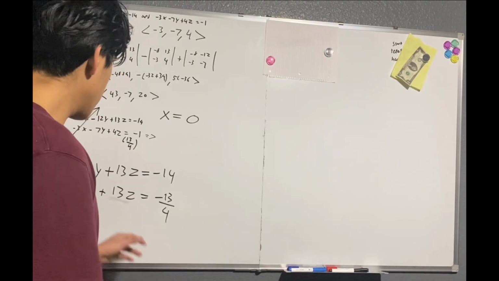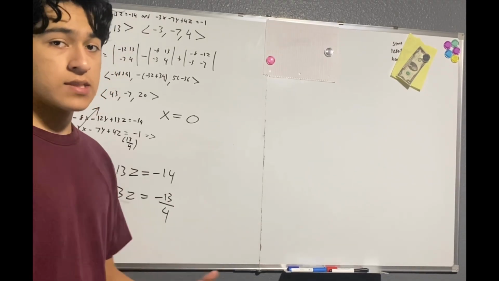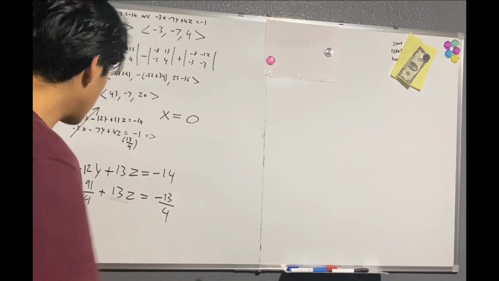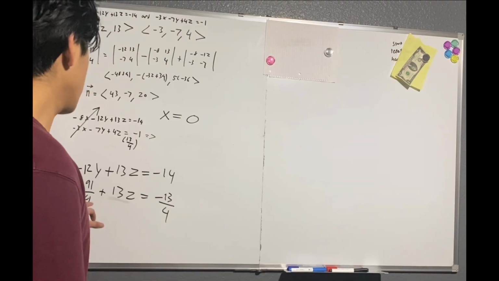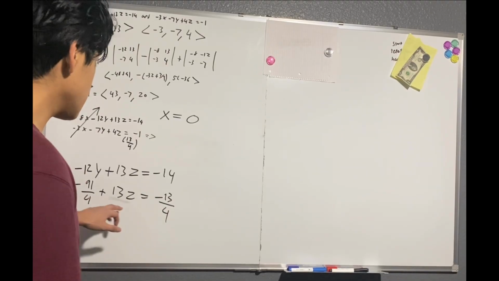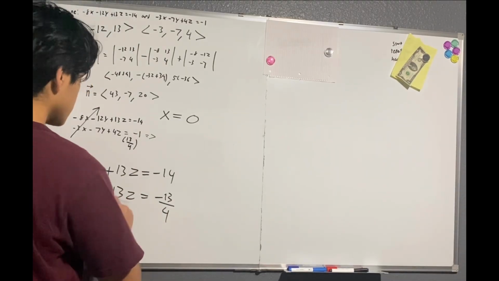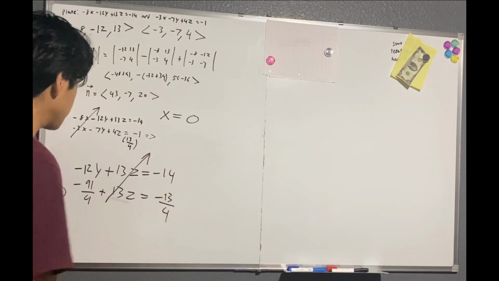And for us to be able to cancel out z, we're going to have to put a negative on the bottom. Once we put the negative, you're going to see that these negatives turn into positive. This positive turns into a negative, which cancels out the 13 z's.